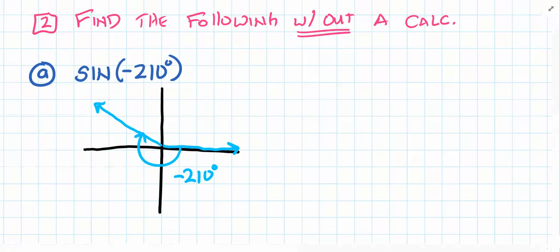The reference angle is right here, you guys, and this is an angle of 30 degrees. How do I know that's 30 degrees? Because if I go halfway around the circle, I've gone 180, and I've gone 210, which is exactly 30 past 180.